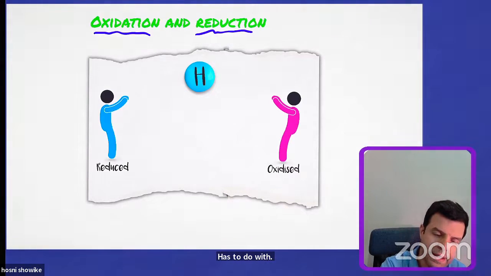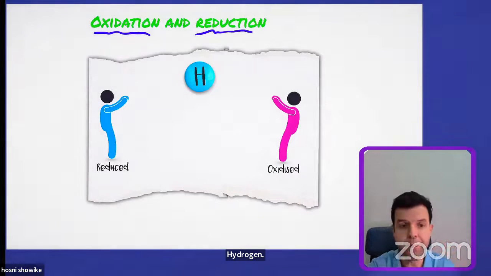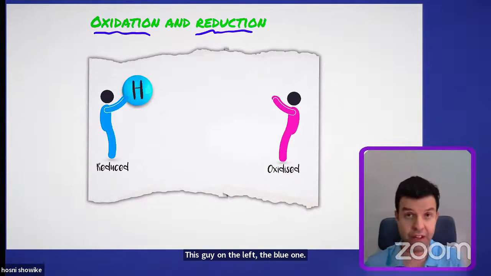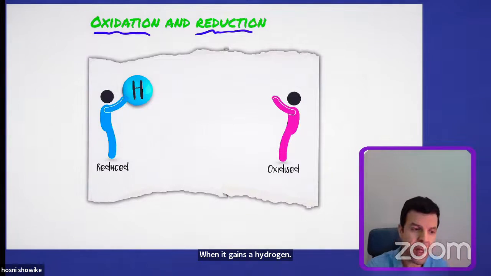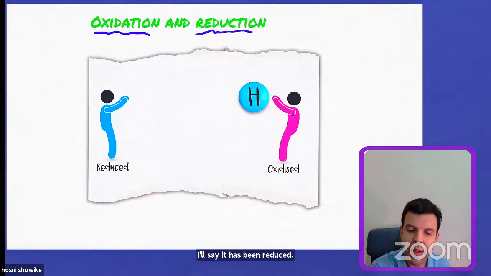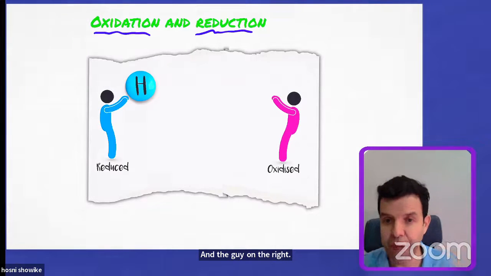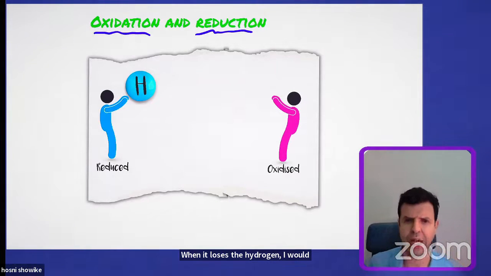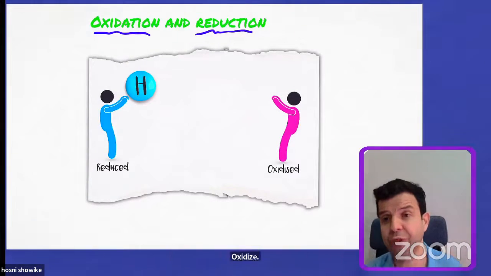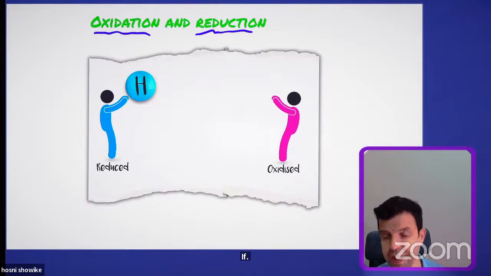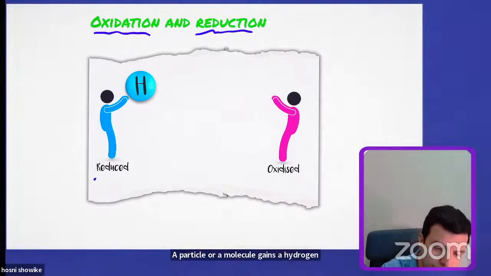How? This guy on the left, the blue one, when it gains a hydrogen, I'll say it has been reduced. And the guy on the right, when it loses a hydrogen, I would say that he has been oxidized. So again, in other words, if a particle or a molecule gains a hydrogen, it's been reduced.